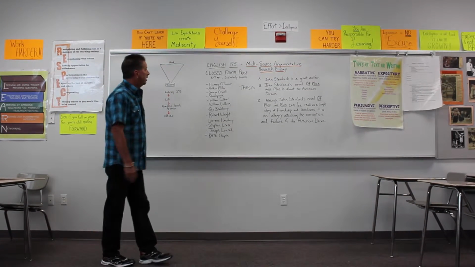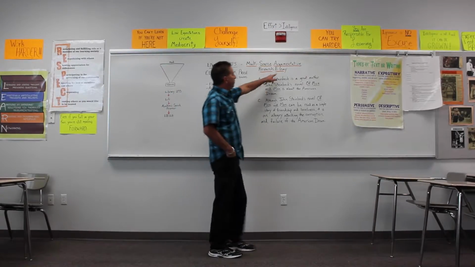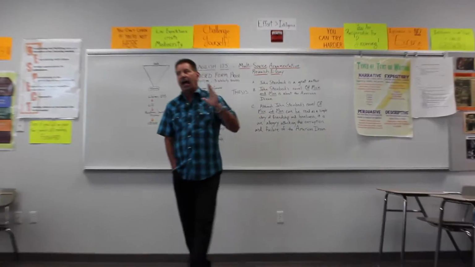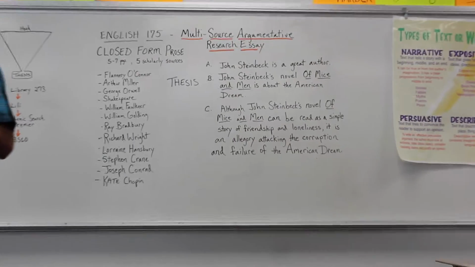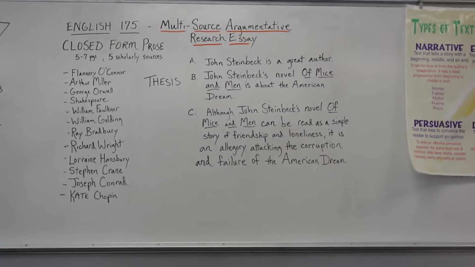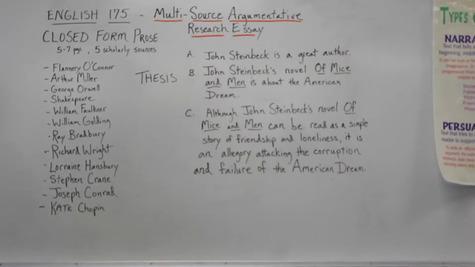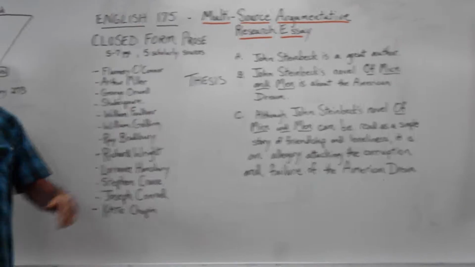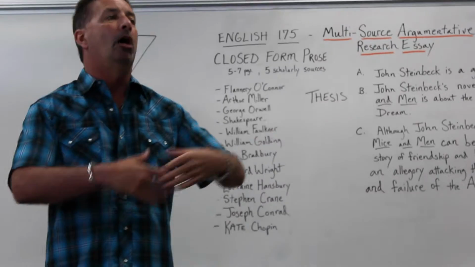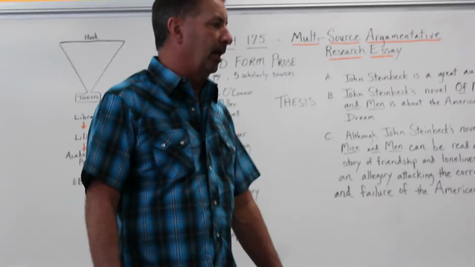Right? So you're going to argue something about that particular author, and you're going to focus on one particular work by that author. There's no way you could cover everything that Shakespeare has said. I mean, there are volumes and volumes and volumes written about Shakespeare.